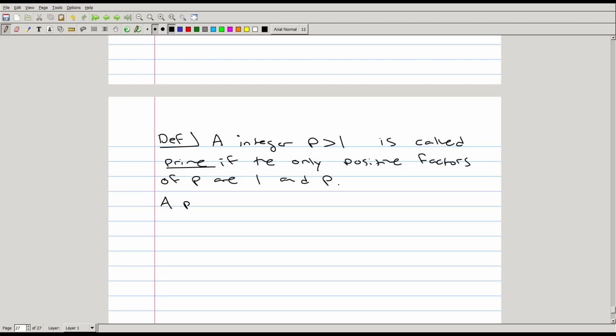Also, we have that a positive integer s that is greater than 1 and is not prime is called composite.